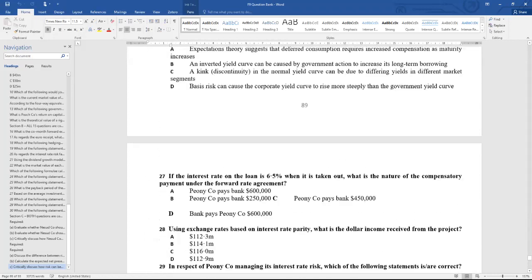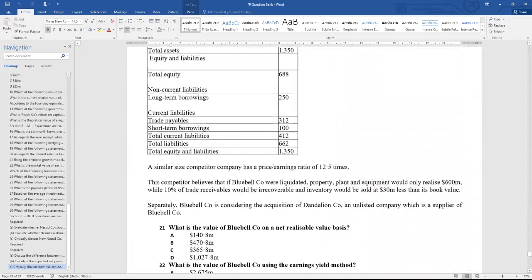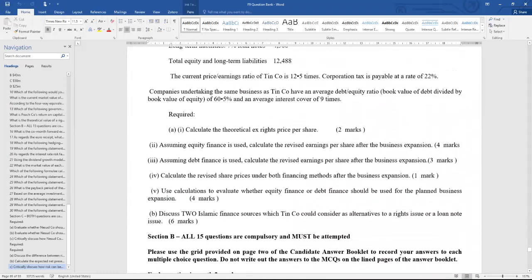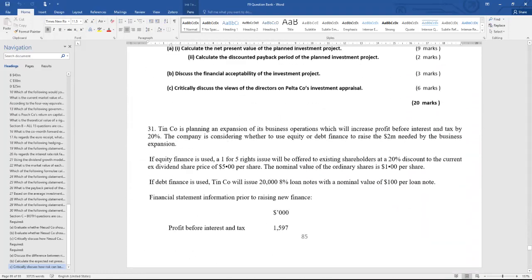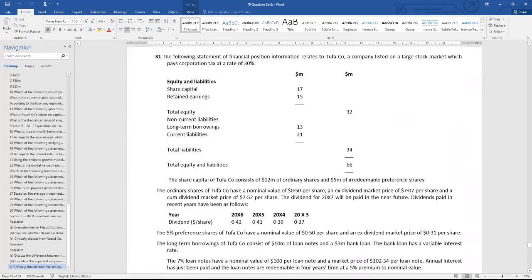You mix up between accruals and the cash basis. Once you get a hold of that, then it's very easy. They're free marks actually. But once you mix them up, then you end up with the wrong answer. That one. It's not a very good question.